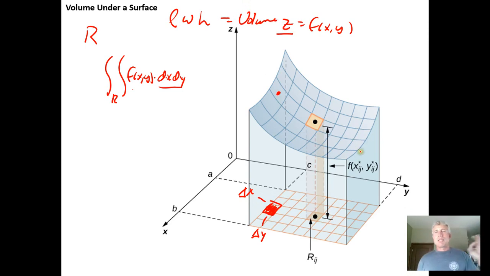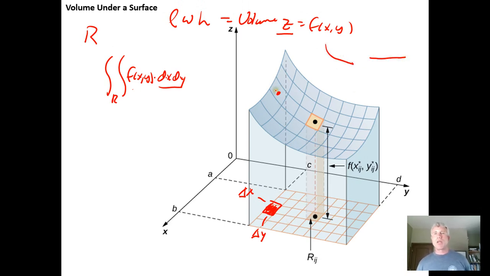And you get the exact volume for the same reason that in single variable calculus you get the exact area. That's because we take the limit as all of the delta x's and all of the delta y's go to 0. And when we do that, just like when we zoomed in on a curve, it looks locally flat.